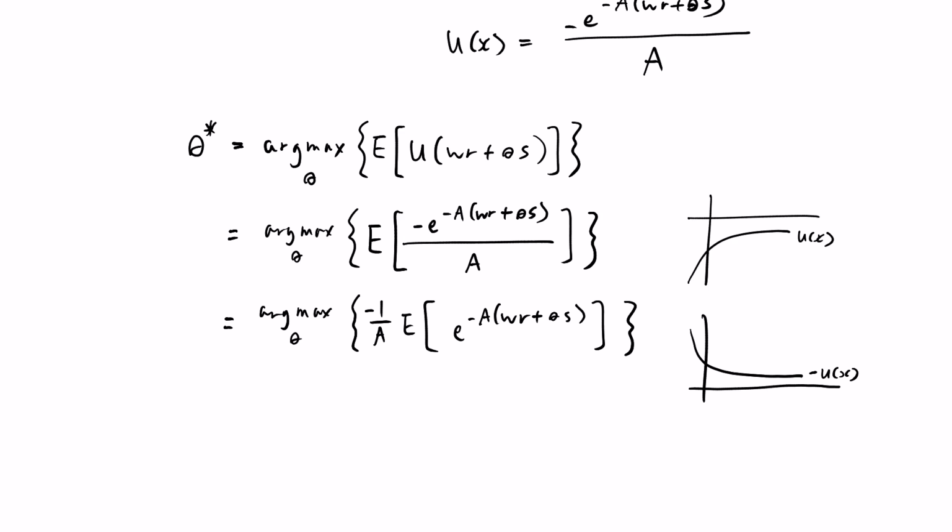Which means the maximization problem has just become a minimization problem. So now we're going to just remove negative 1 over a, but then we have to realize notationally that we now have a minimization problem at hand. So it's argmin theta instead of argmax.